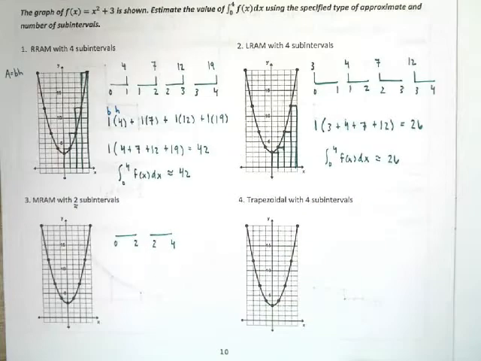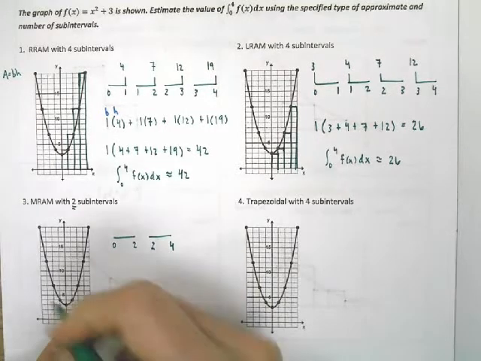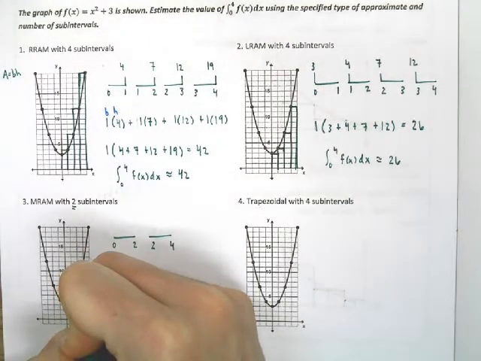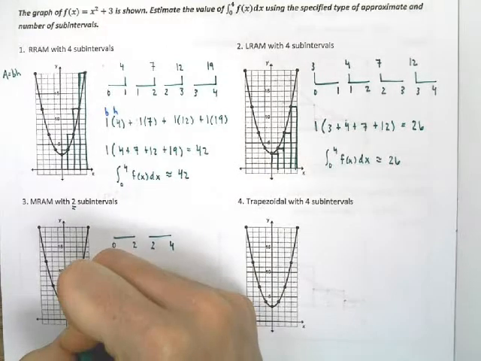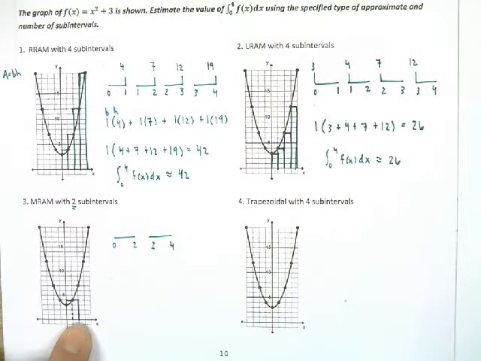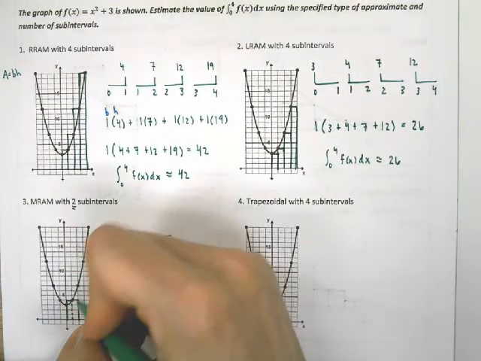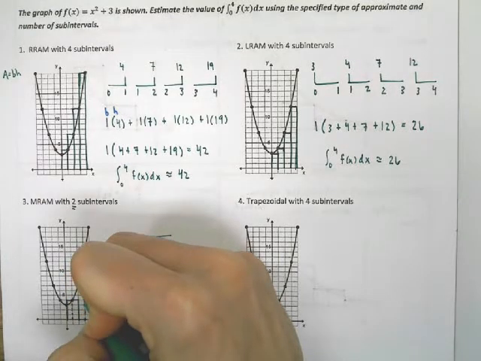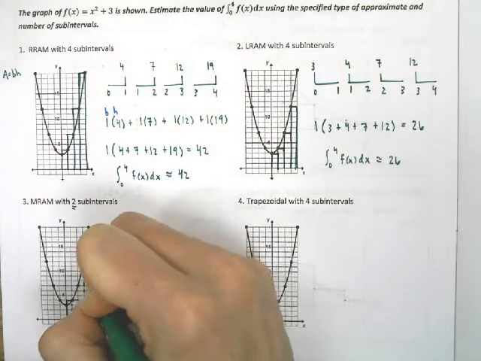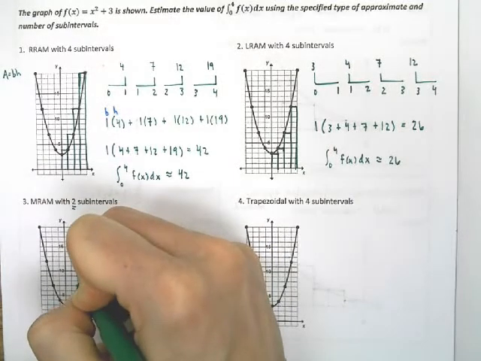On our graph, if my first interval is 0 to 2, obviously the midpoint is at 1. So I'm going to draw a dotted line here, and I'm going to use 1 to find the height of that rectangle over the interval from 0 to 2. So there's my first rectangle. For 2 to 4, that midpoint is going to be 3, so that 3 is the height of that whole rectangle. So I only have 2 rectangles in this case.